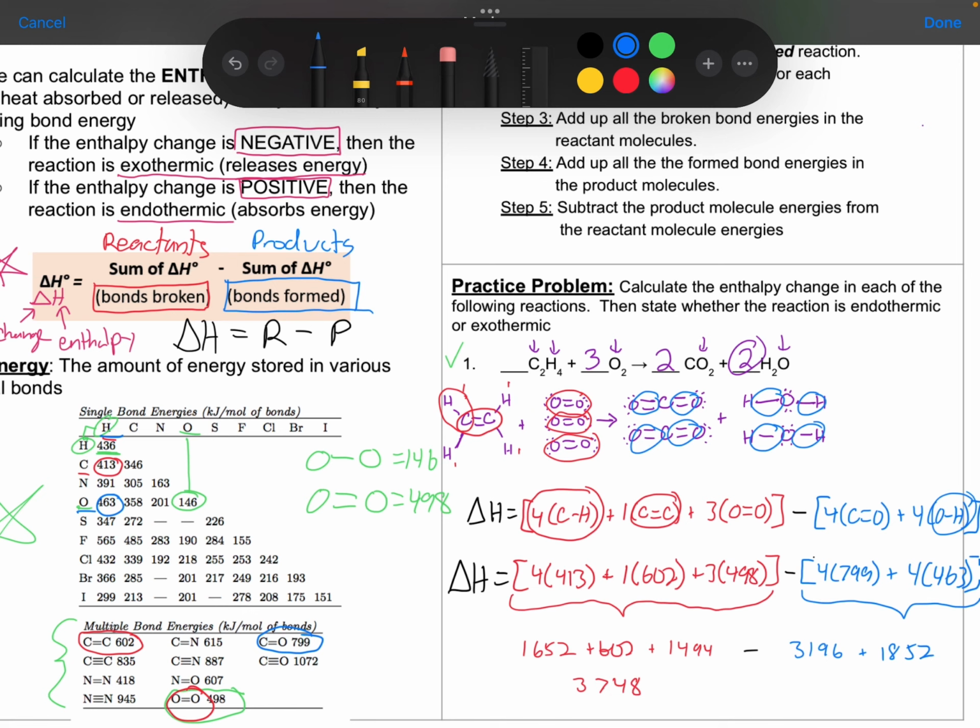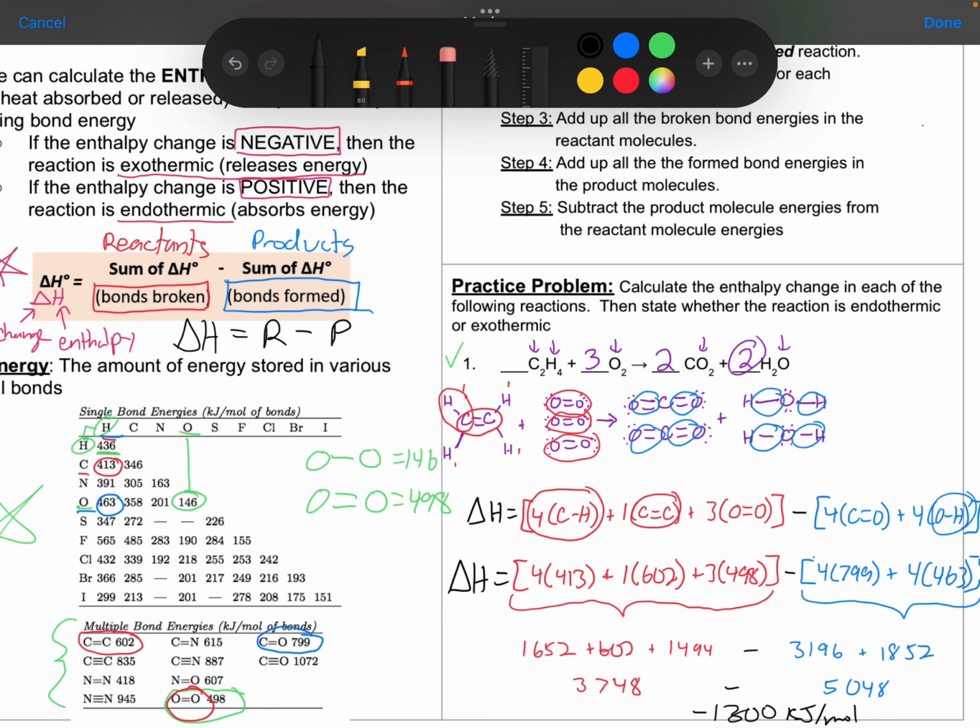I add those up, and I get 5,048. Now, I'm supposed to subtract those two values. I'm going to do 3748 minus 5,048, and that gives me an answer of negative 1,300 kilojoules per mole.